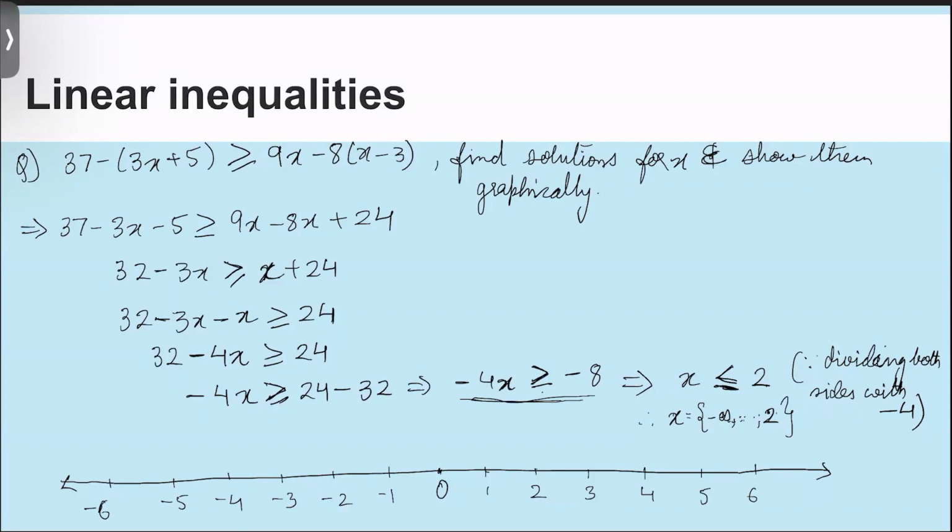Okay, so now to represent the solution that we got graphically, it has to be less than or equal to 2. So all the way from 2, you mark the number line, covering all the negative numbers also. So this is how you can represent the solution on the number line when your x is less than or equal to 2.